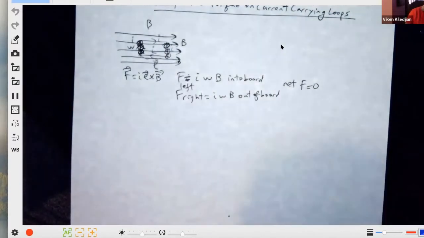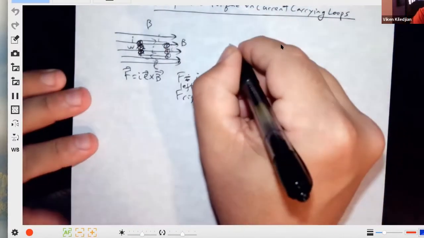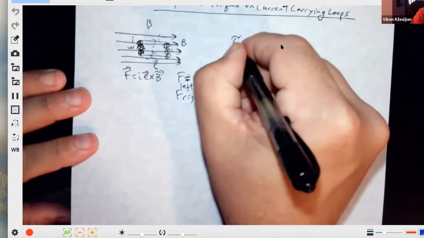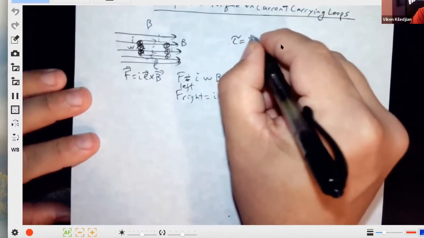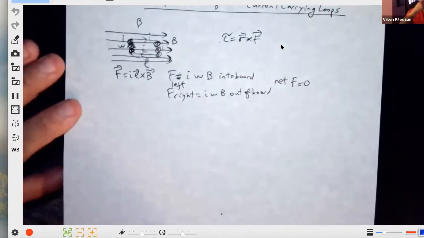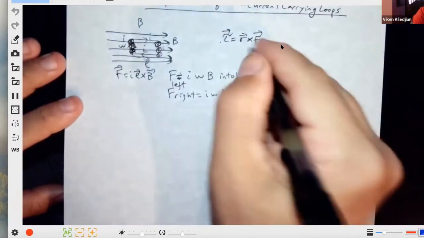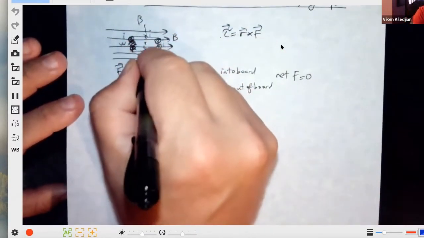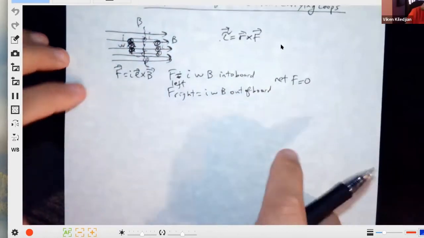So there is a net torque, and the torque is going to be equal to what? R crossed into F. Right, so from Physics 101. So it's going to spin around the center of mass.